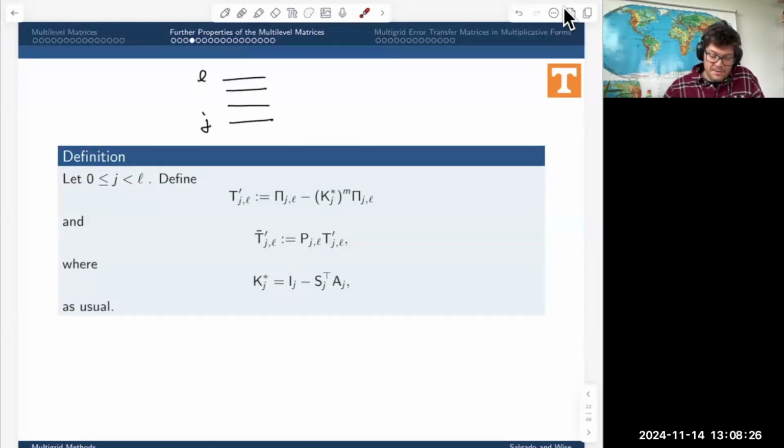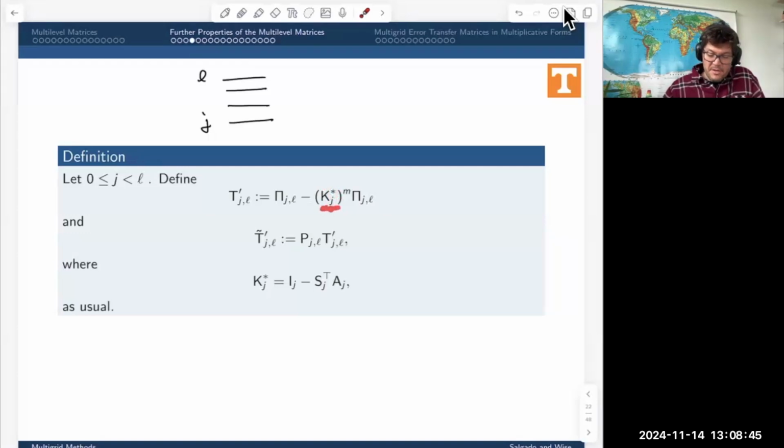This is defined as pi JL minus KJ star M times pi JL. The only difference between this and the TJL matrix is that I'm putting a star on this matrix K.